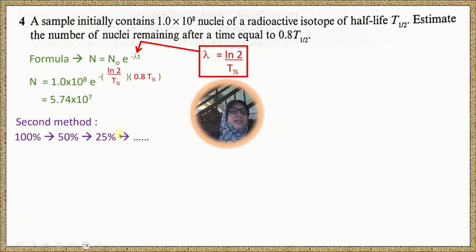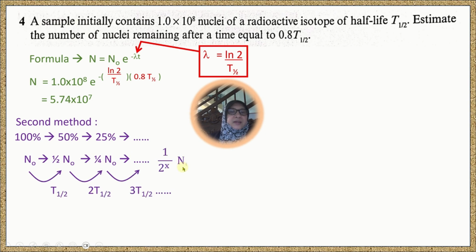For the second method, you can use this pattern: N equals 1 over 2 to the power of x times N naught, and the time taken is x times half-life.